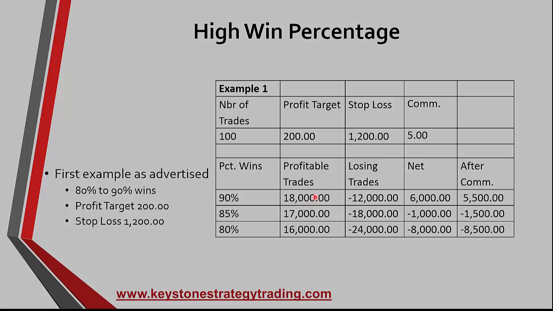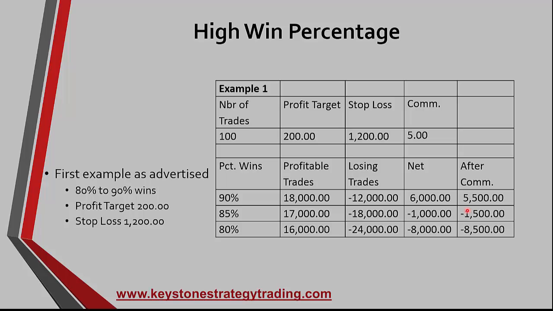So if we multiply 10 times 1,200, we get a negative $12,000. Well, the net of that is $6,000. So we do indeed make money on this strategy if we win 90% of the time. Well, if we also take out commissions, we only made $5,500, but we're still winning.